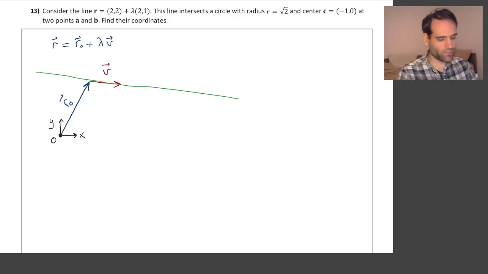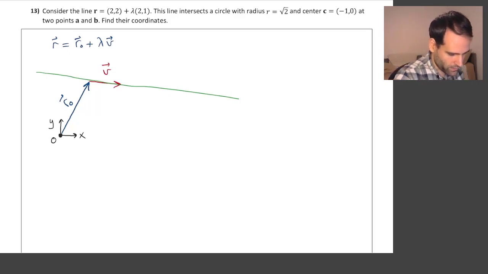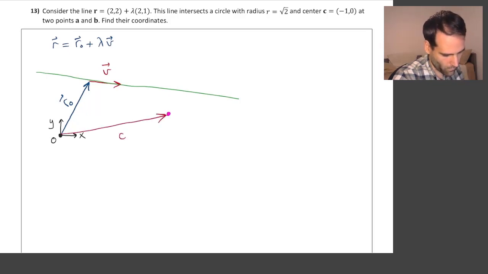Next, we have a circle. And this circle has a center point, which is given by vector c. So let's draw vector c here. So let's say that the center of the circle is here. So we have a vector c. And then it has a radius. So we can draw the circle like this.